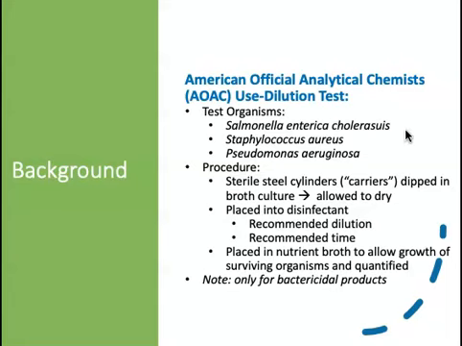And those surviving organisms can be quantified doing some math. Now, this use dilution test is only for bactericidal products because, of course, they are going to quantify how many cells have been killed by the disinfectant. The same would also be true for the decimal reduction time because that also measures death of cells.